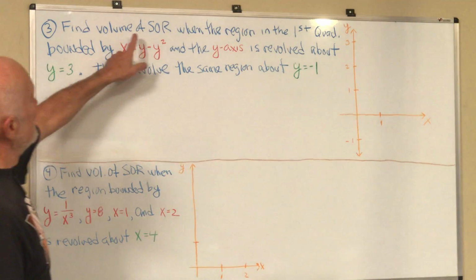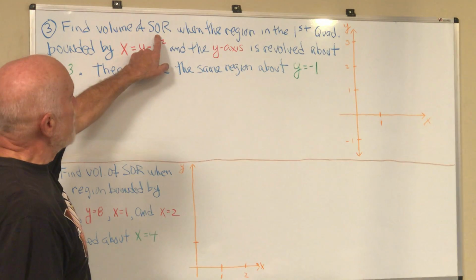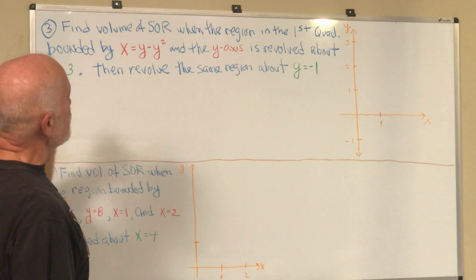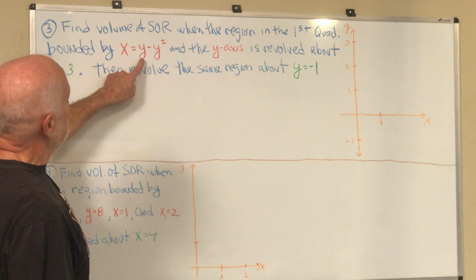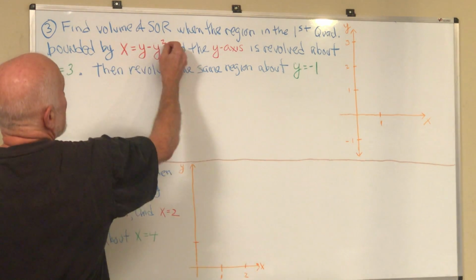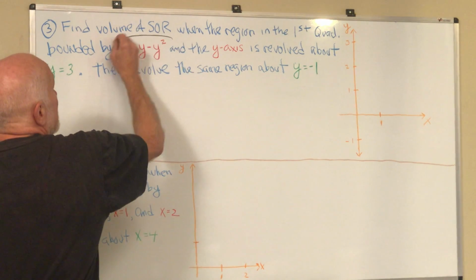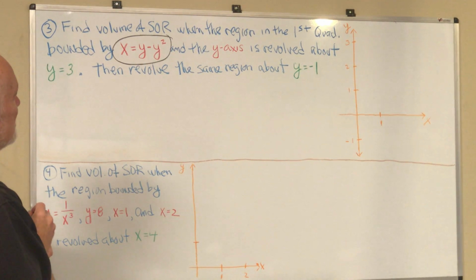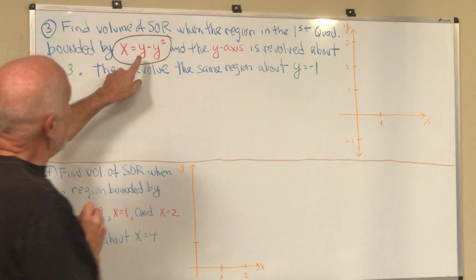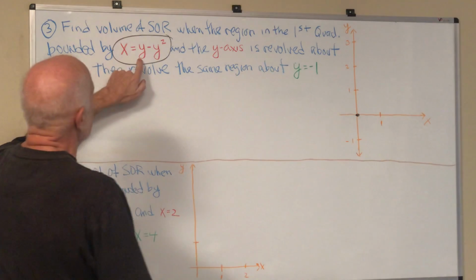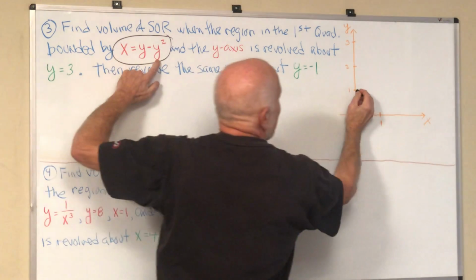This time we have a solid of revolution formed by taking a region in the first quadrant bounded by this sideways parabola and the y-axis. So when y is 0, x is 0, and when y is 1, x is 0.